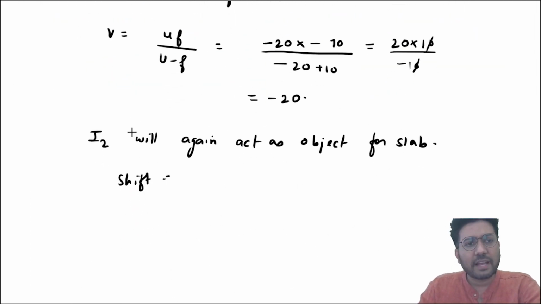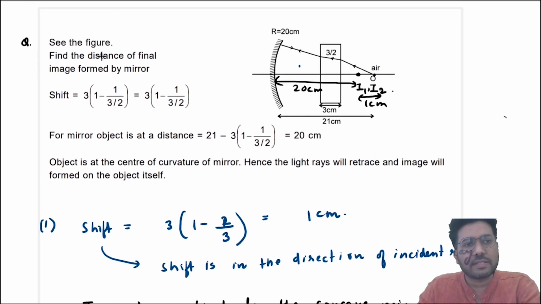Shift for a given thickness of slab will always be the same, t into 1 minus 1 by mu, right? So the shift will again be 1 centimeter, but this time the incident ray on the slab is towards right, so the shift will be towards right. That means it will be shifted by 1 centimeter. That means the image will be formed on the object itself. Why? Because I2 was here and the final image will be 1 centimeter shifted from here towards right.